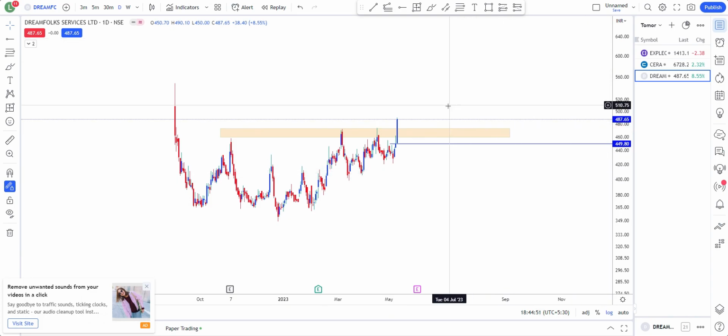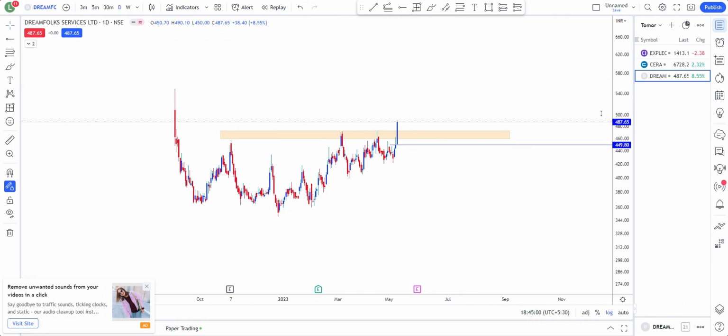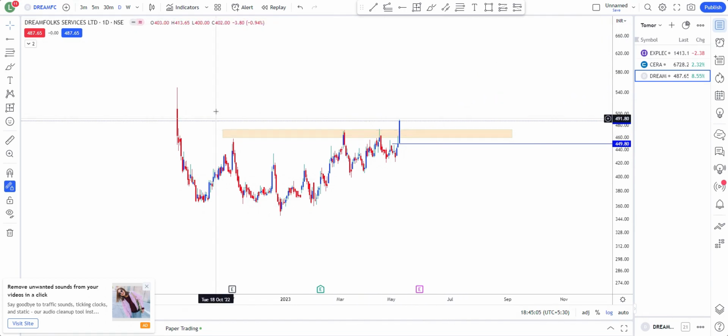If you buy this stock in the range 475 or 480, it will be a very good risk reward, because this is an IPO stock and the enthusiasm and volumes around it will be high. It can quickly give you a new structure high, a new high like this. This is quite a possibility, but the stop loss will be somewhat wide, so try to keep it close to 5%. Manage your position size like that. This looks very good on structure. Let's see how it behaves going ahead.